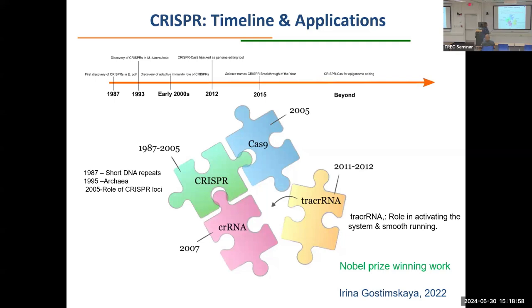In 2012, with the discovery of tracrRNA, CRISPR-Cas9 was hijacked into a genome editing tool. In 2015, Science journal named CRISPR the Breakthrough Technology of the Year. After that, CRISPR is unstoppable. Researchers all over the globe started using this technology and manipulating the genome according to their wish.